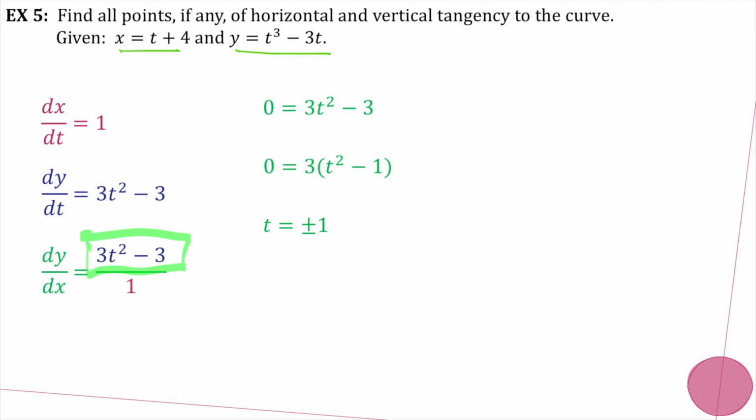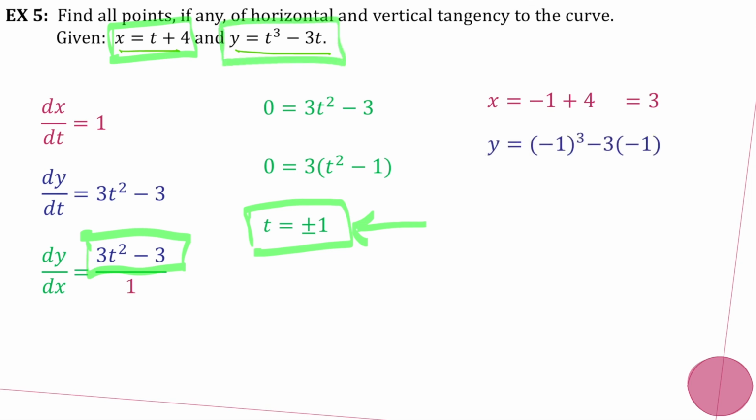Okay, we can find that. We'll solve for t, and we've got positive and negative 1. So we need to use this to find our 2 coordinate points that go with that. So let's take negative 1 and plug it in to our x equation, and we get 3. And then we'll take negative 1 and plug it into our y equation, and we get 2.